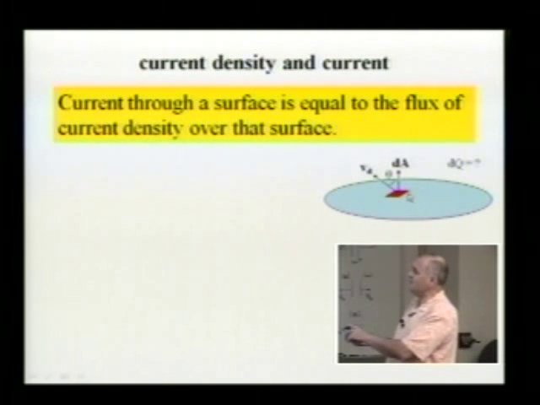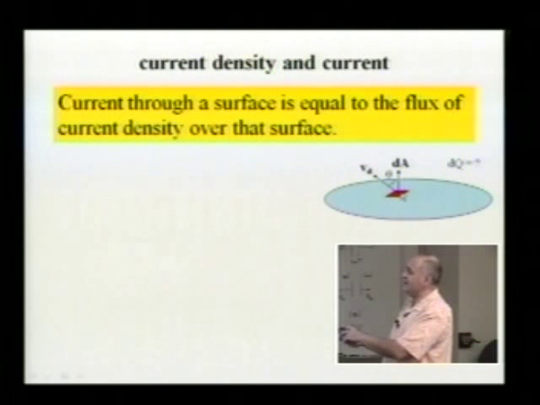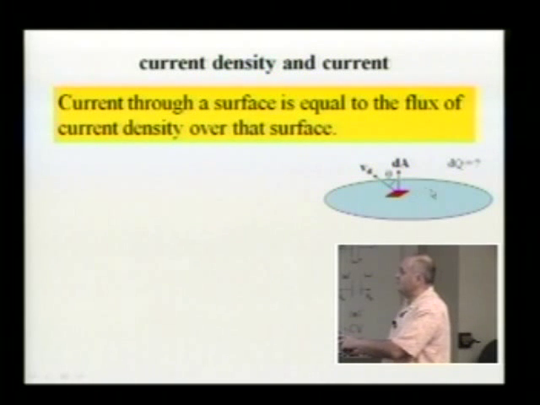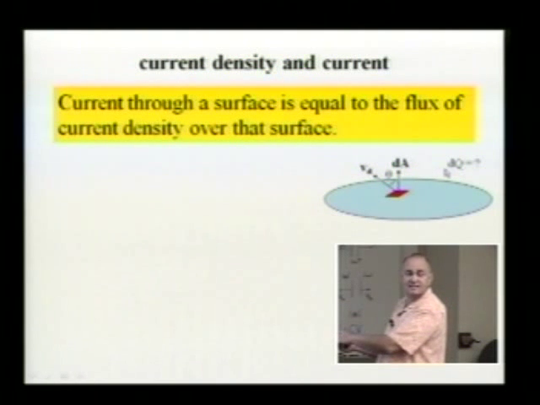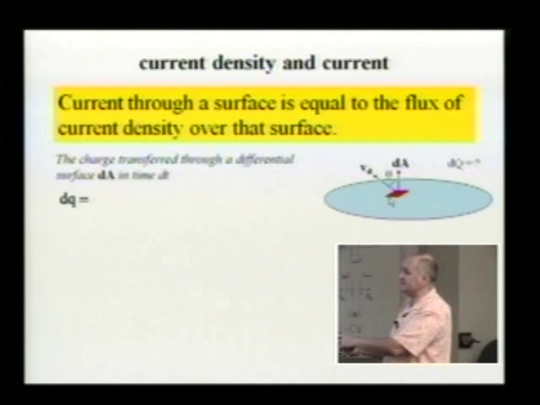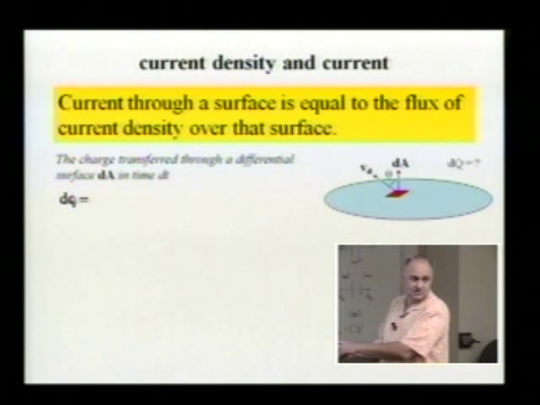All right, so now I'll find out how much charge is passing through this differential part. From that, I can add these values for all pieces, and that way I will get the charge passing through the entire surface. So right now I want to concentrate on the charge passing just through this small surface. I will use the symbol small dq.